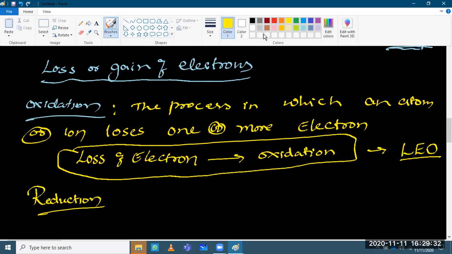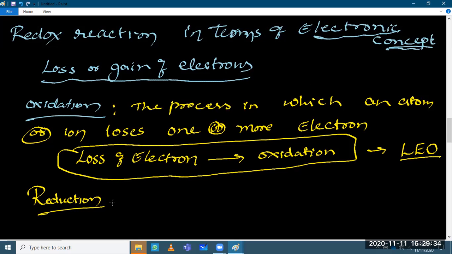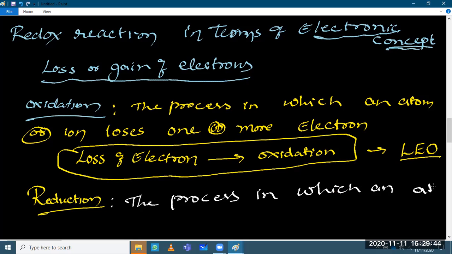In terms of electron theory, reduction is a process in which an atom or ion gains one or more electrons.